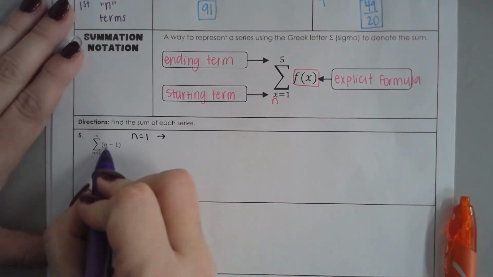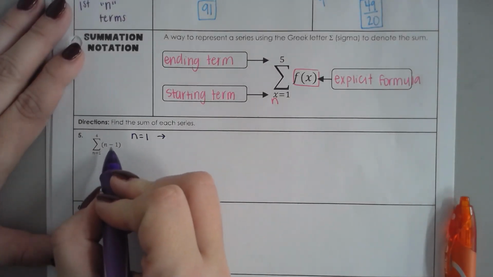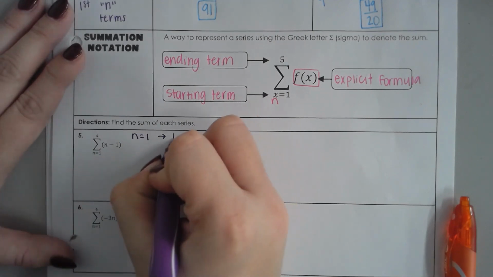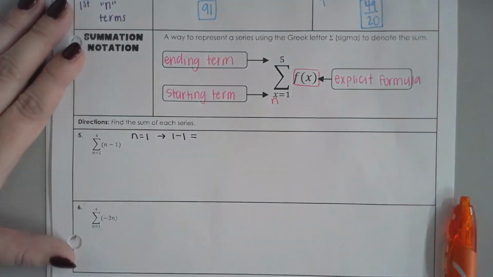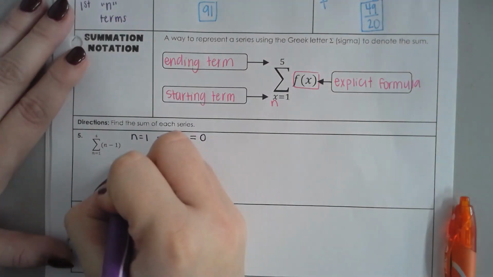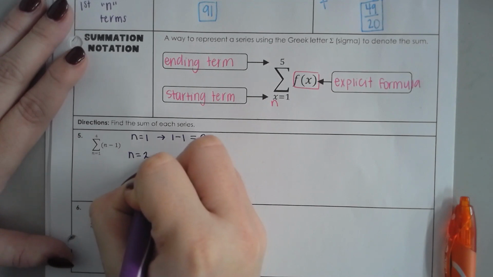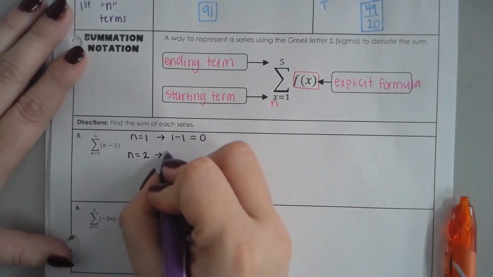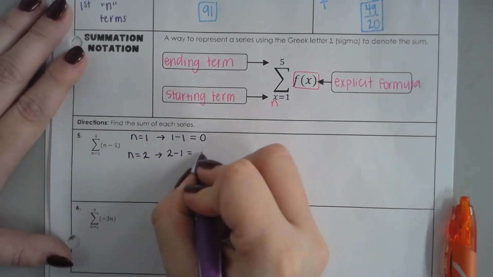If I plug in a 1, I'm finding my first term. That would be 1 minus 1, which is 0. My second term, n is 2. 2 minus 1 is 1.